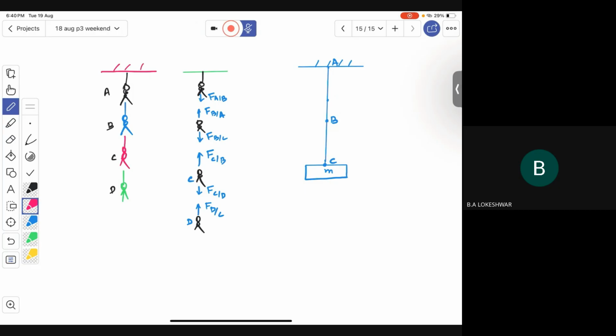Now, at point B, suppose I consider the tension is T. So see how I am drawing the tension T. Two arrows I am drawing, no? Two arrows I am drawing, which indicates the action reaction pair. So there I am drawing two forces. So how will these two forces act? Suppose I ask you to draw the free body diagram of the AB part separately and the free body diagram of the BC part separately.